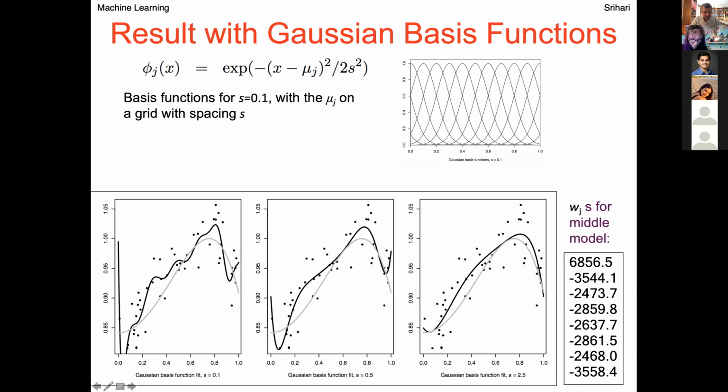So they used a small sigma, which means it's going to be fitting this data like this, pretty noisy. And here you're using s is equal to 0.5. It is the in-between value, and s is equal to 2.5. The w j's for the middle model, when they use this, look like these values, all right?